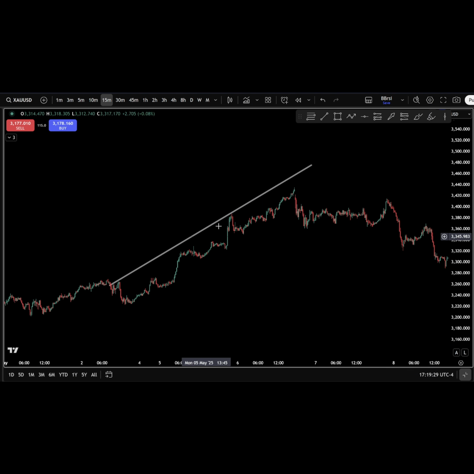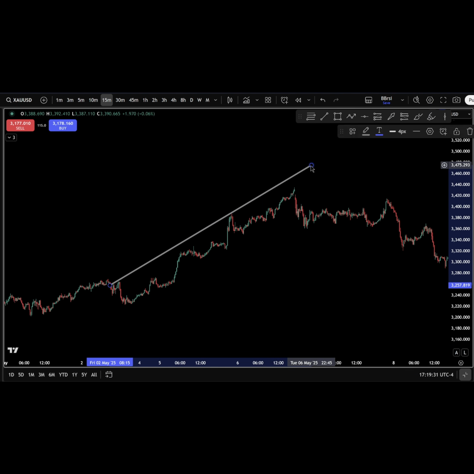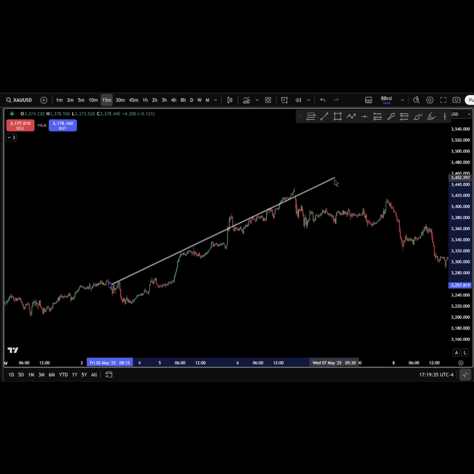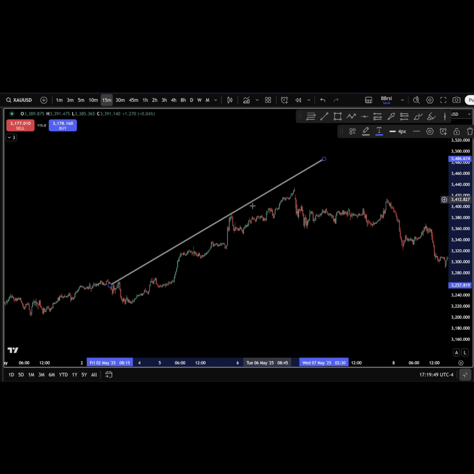Now you could be asking why I didn't grab, for example, this touch or this touch, because you see, guys, this doesn't look too nice, and you need to catch the highest price usually. As time goes on and you watch the market, you will know exactly how to draw it. It's very important to draw them properly, but it has to be the highest points. Even if it's the shadows, you take the shadows. So this is the top part.